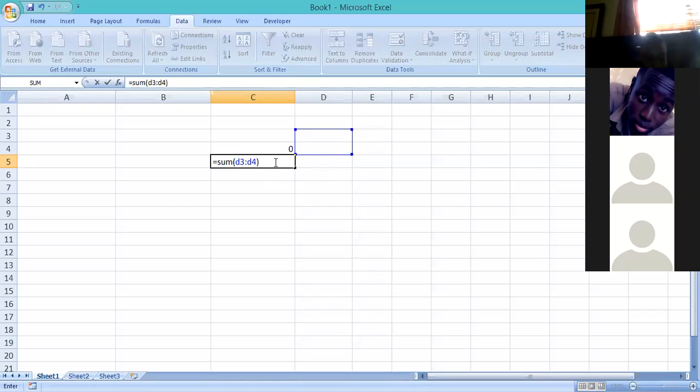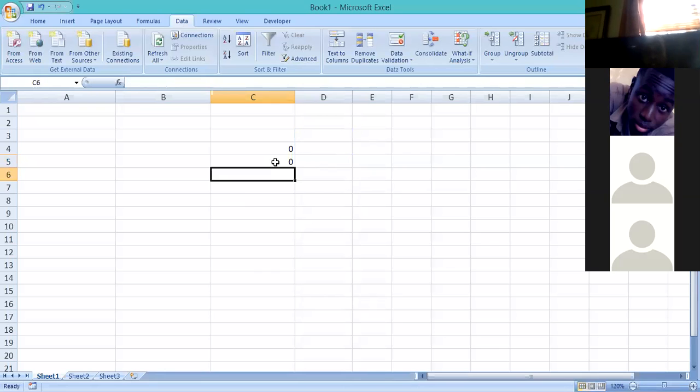All right, next one. The price of the cheapest item. Which function would you use to find the price of the cheapest item? Min, very good. Who is answering? Macy, miss.